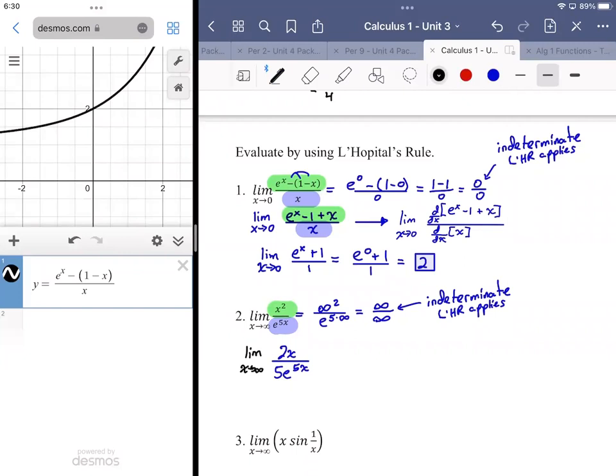All right. Now, at first glance, it doesn't seem like it really accomplished much because when I apply my limiting value here, I get 2 times infinity over 5 times e to the 5 times infinity, which is just another form of infinity over infinity.